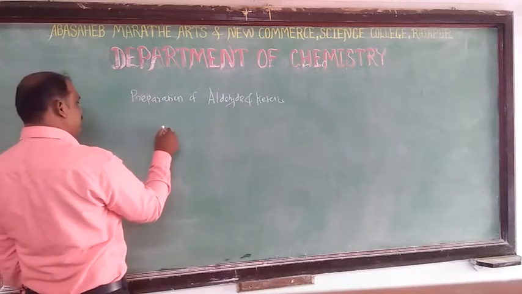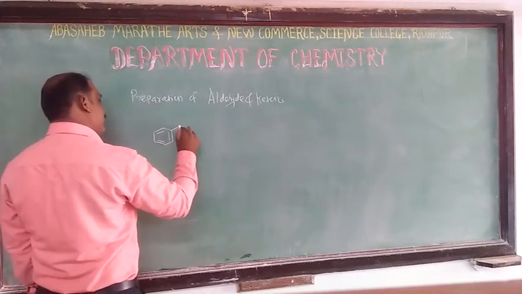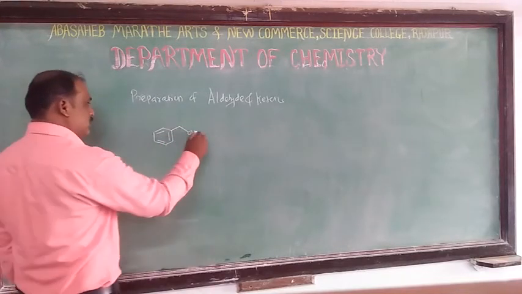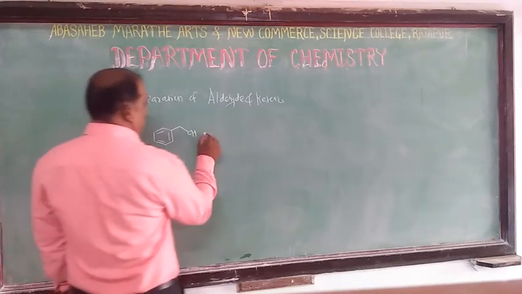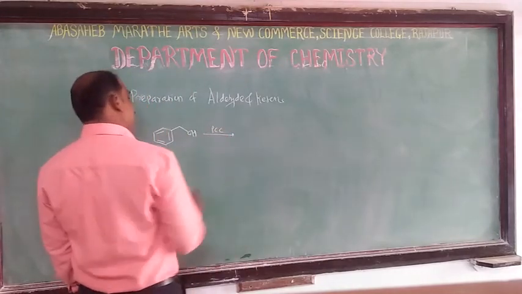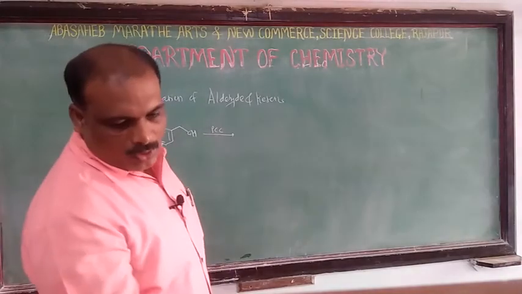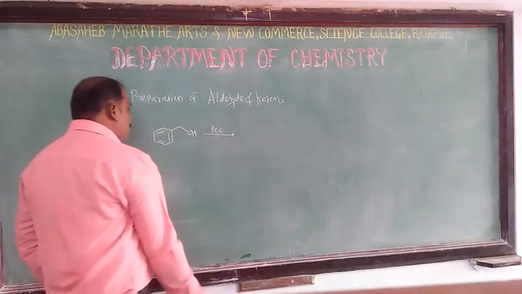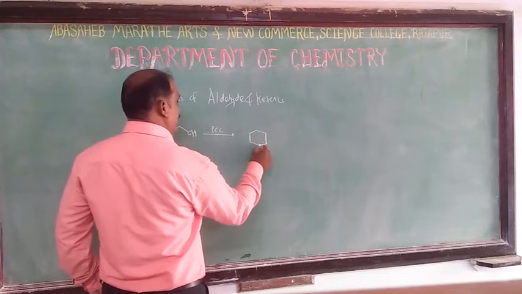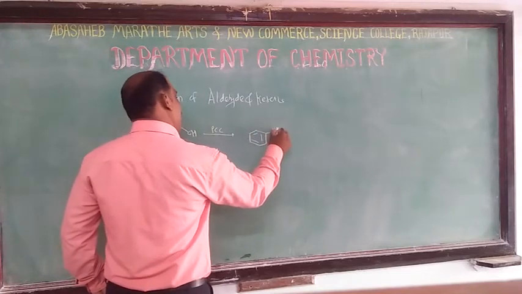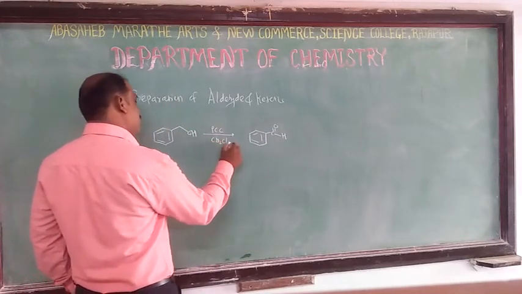Now we have seen this. This benzyl alcohol is treated with PCC, pyridinium chlorochromate, and the benzyl alcohol is converted into benzaldehyde in CH2Cl2.